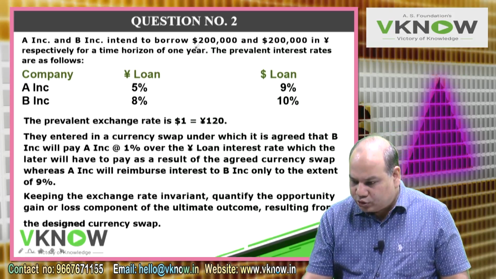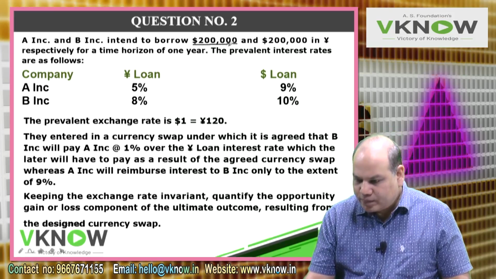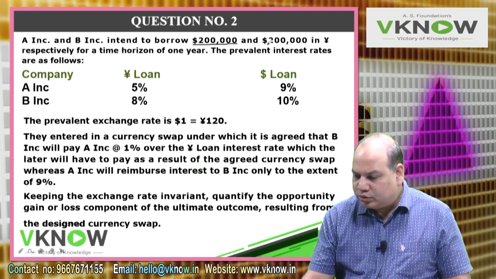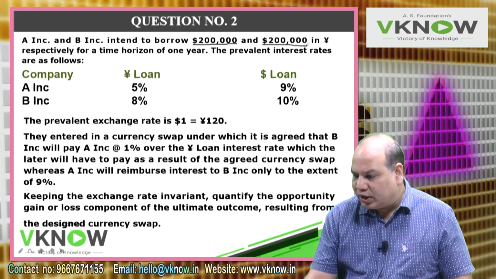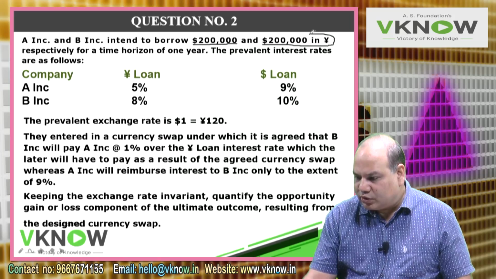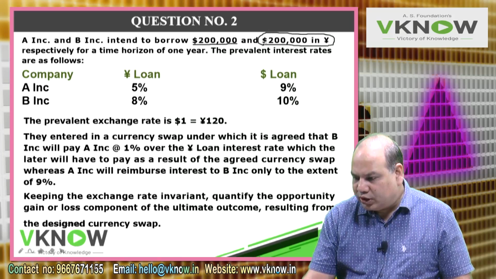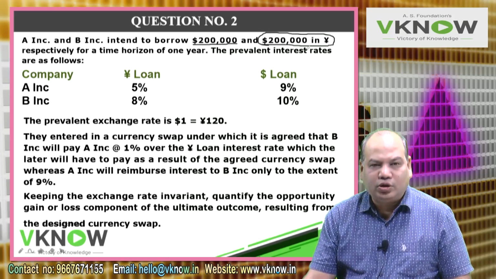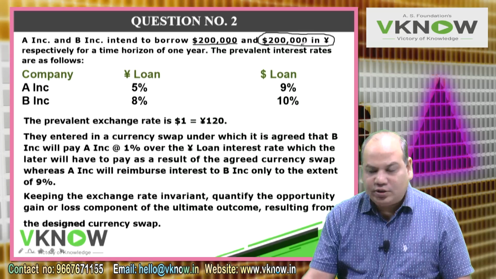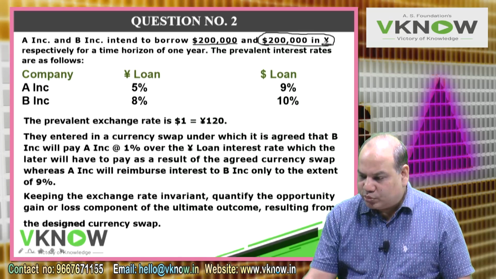So A intends to borrow $2 lakh, and B intends to borrow $2 lakh in yen. Means they want to borrow yen equivalent to $2 lakh. So $2 lakh multiplied by the exchange rate, that is the amount they want to borrow in yen.